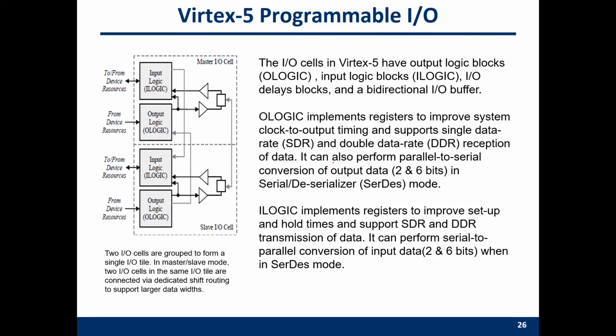Single data rate means each transaction is triggered by the rising edge, and double data rate means each transaction can be triggered by either the rising edge or the falling edge. So in each cycle, you can have 2 pieces of data go through the I/O.